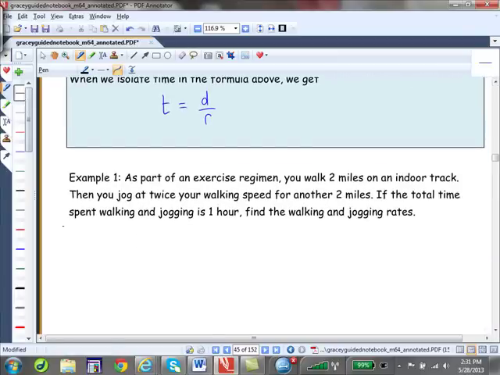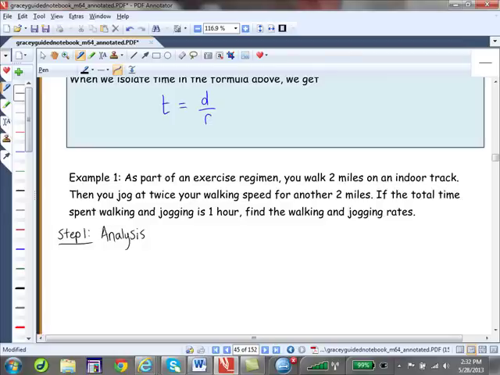So let's do our first step 1, analysis. And it's often good to just look at the last sentence, right? We need to find the walking and jogging rates, right? So here it says, as part of an exercise regime, you walk 2 miles on an indoor track, then you jog at twice your walking speed.